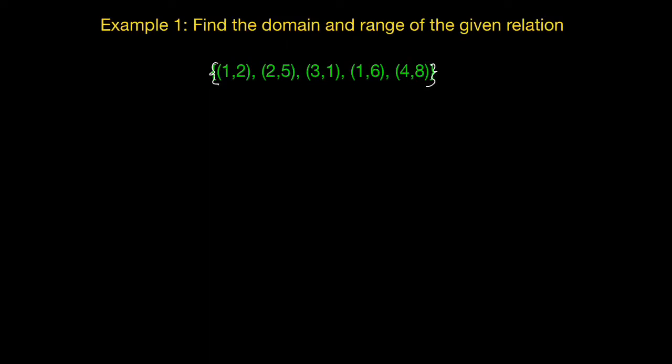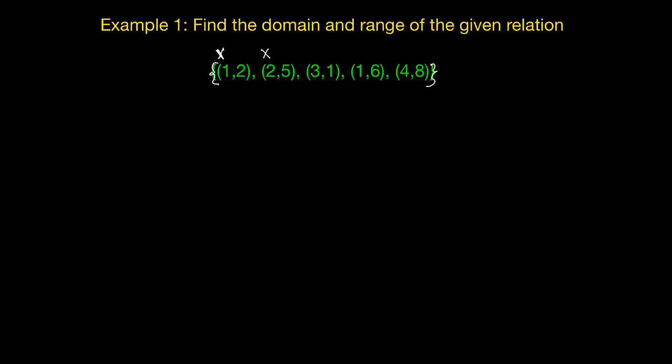So let's begin by finding the domain by identifying the x value in each individual coordinate. I'm going to look at my first coordinate here, and my x value is 1. The second coordinate, my x value is 2.